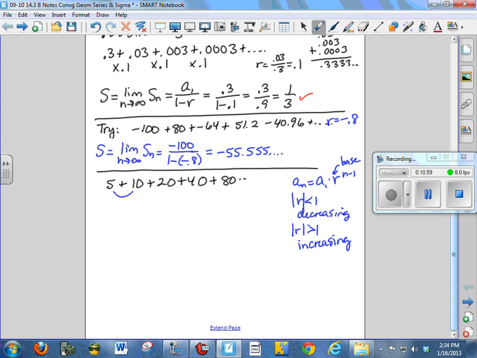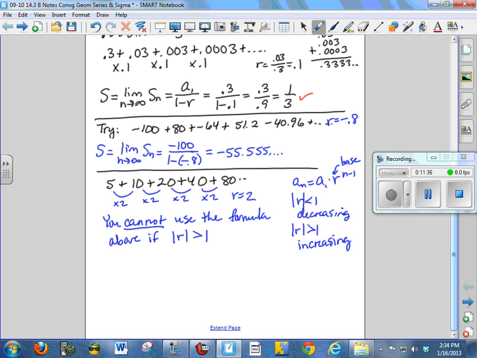So here we have a situation where r is 2 times 2 times 2 times 2, r is equal to 2. If we tried to use the formula, it would actually give us an answer, but it would be an incorrect answer. You cannot use the formula above if the absolute value of r is greater than 1.